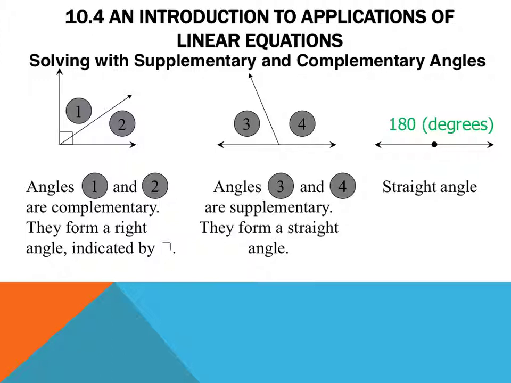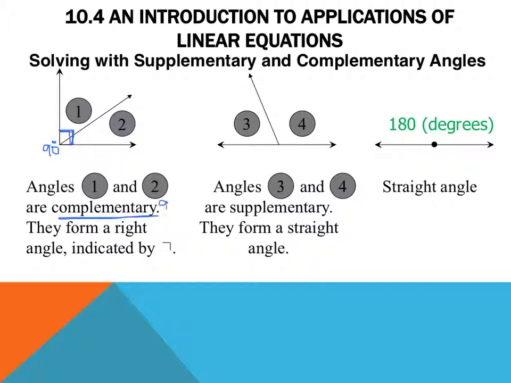Okay, this slide gives us some geometry vocabulary that we'll be using. In this first picture, angles 1 and 2 are complementary. They form a right angle indicated by the little square symbol. A right angle is 90 degrees, so any two angle measurements that add to 90 are complementary.